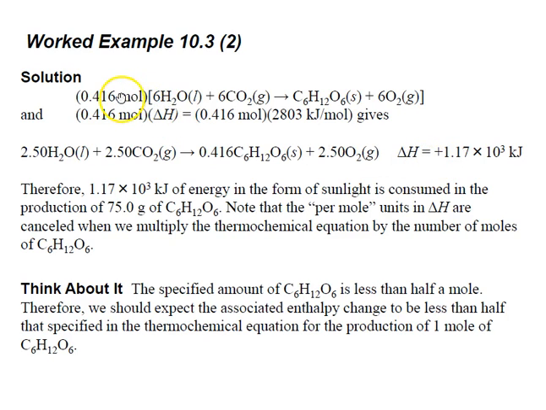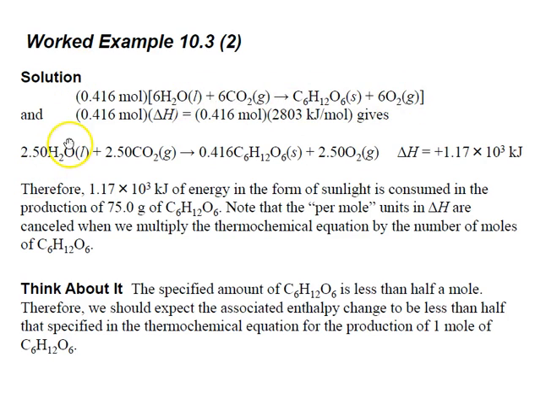We can also multiply the 0.416 times the coefficients, which is shown in this top part in brackets. Just take your balanced equation, and then you have these ratios here, and this is showing you that with 75 grams, it is less than what is stated in the original equation.